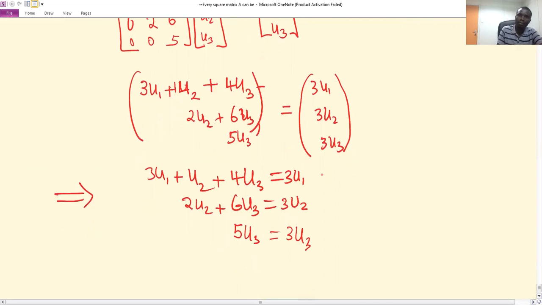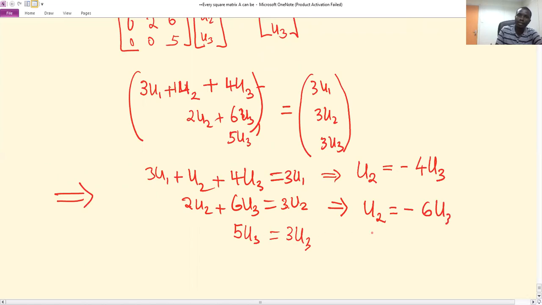So from the first equation, we have u2 equals minus 4u3. And then from the second equation, you take 3u2 to the left-hand side, so you have u2 equals minus 6u3.